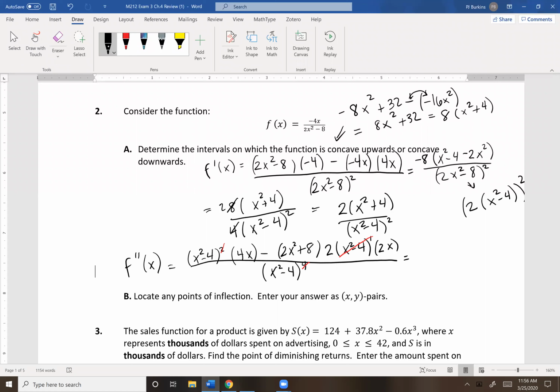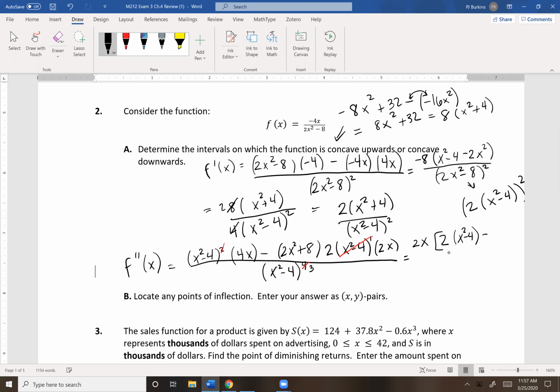And that's going to make this a 3. I also have a 4x here and a 2x. That means they have at least a 2x in common. If I take that out, I have a 2 left behind in the first term times an x squared minus 4.